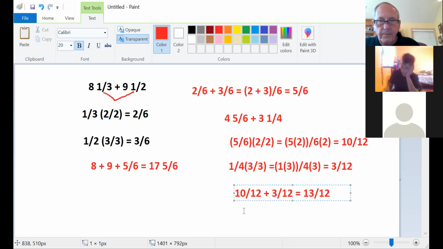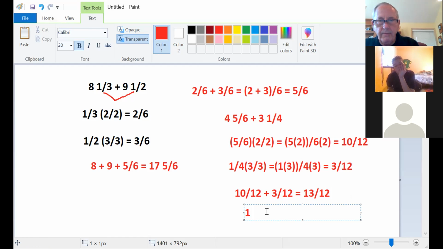It would be 1 and remainder 1. Okay, so you took the 12 divided into 13, right? And so what's the fraction form then? Well, I just want to worry about the 13/12.